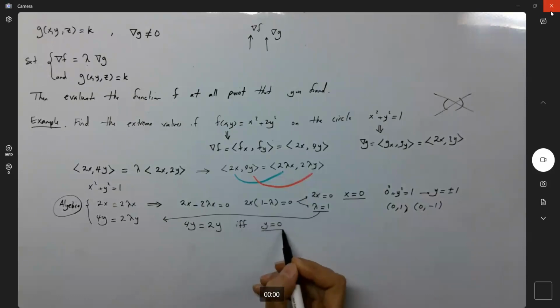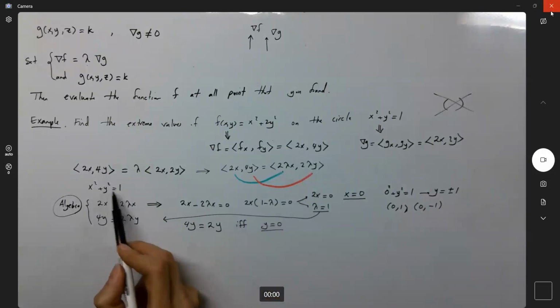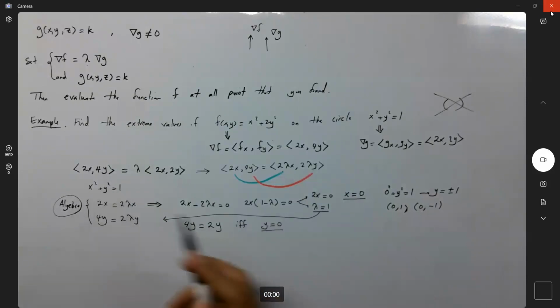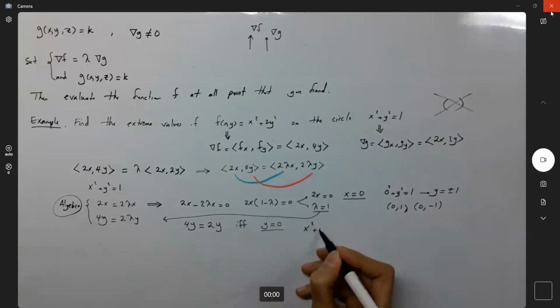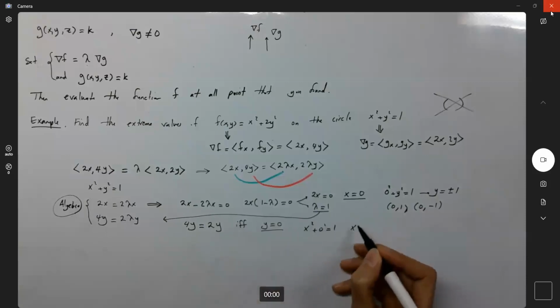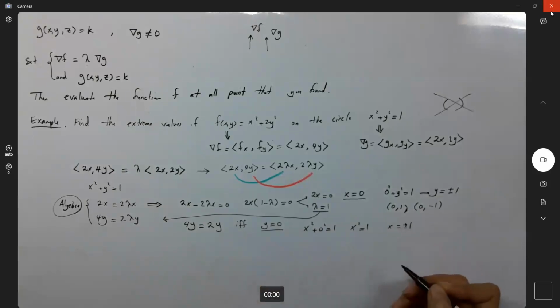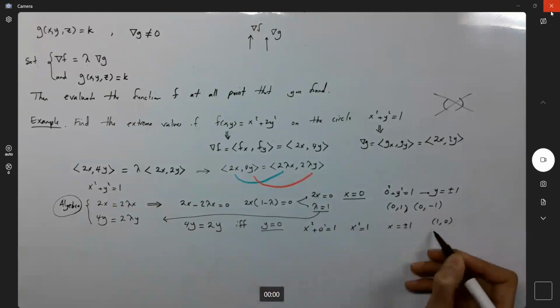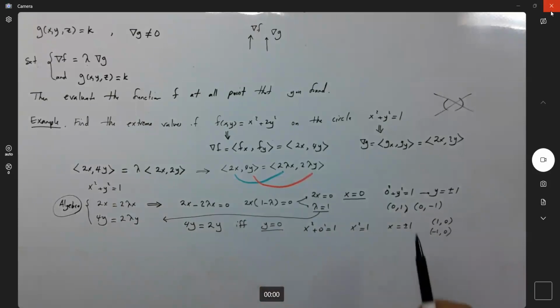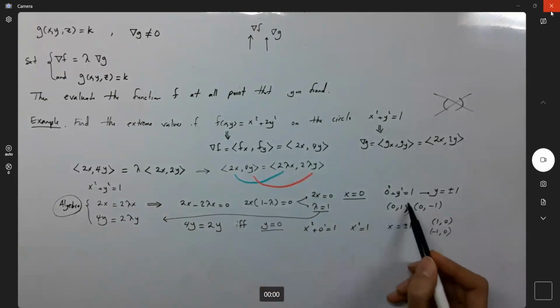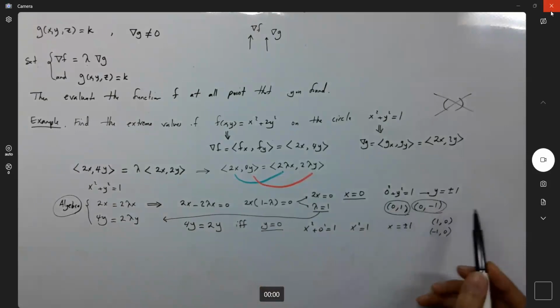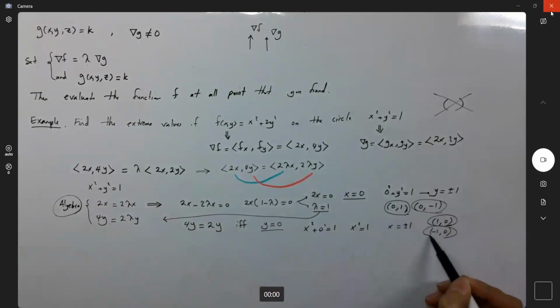So when y is equal to 0, we go back to the constraint again. x squared plus 0 squared is equal to 1, or x squared is 1, or x is plus or minus 1. So x is 1, y is 0; x is negative 1, y is 0. So how many points? 1, 2, 3, and 4 points.